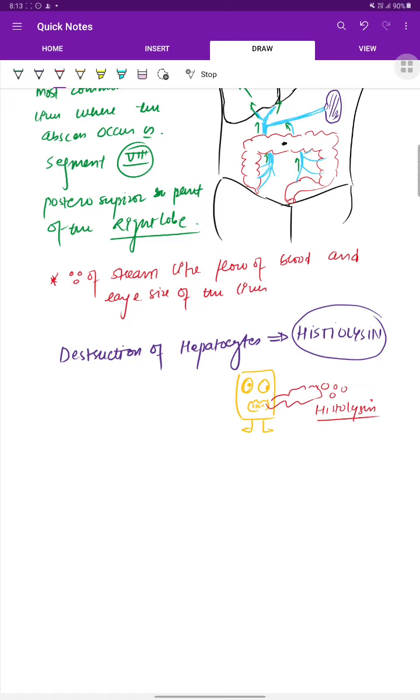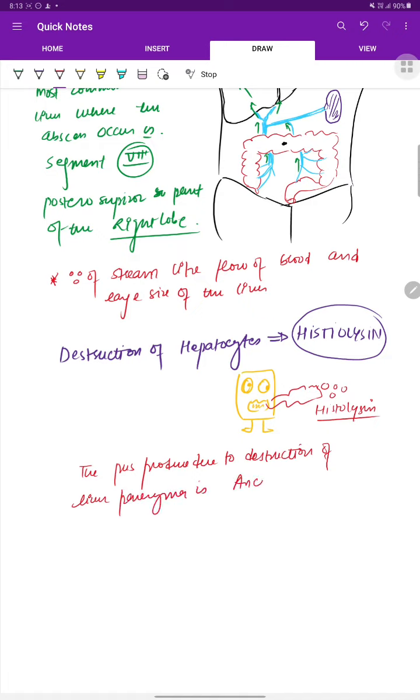Now we will go into the complications. Once an amoebic liver abscess occurs, how does it affect other organs? First we have to look at the composition of this chocolate colored pus, produced due to destruction of liver parenchyma.